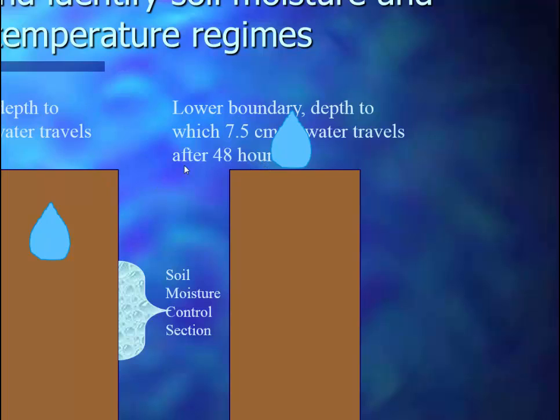The lower boundary is the depth to which 7.5 centimeters of water will travel after 48 hours. And so this interval between the 24-hour 2.5 centimeters and the 48-hour 7.5 centimeters is called the soil moisture control section.